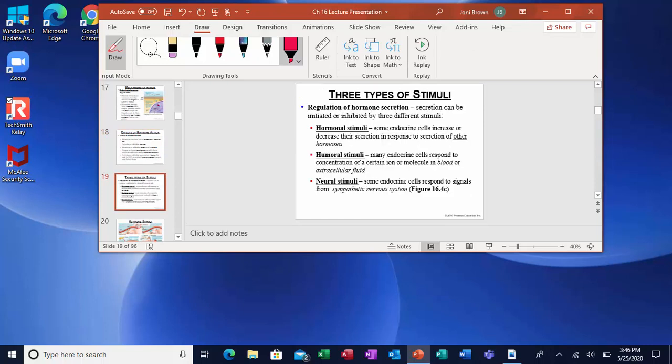Now, how do we regulate our hormone secretion? We can either inhibit it or initiate it. And there's three ways this can happen.